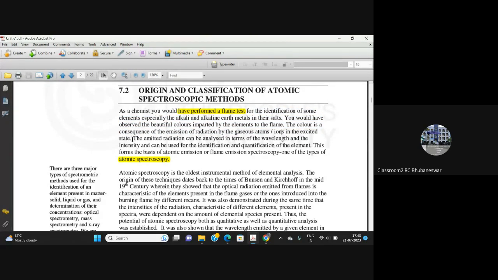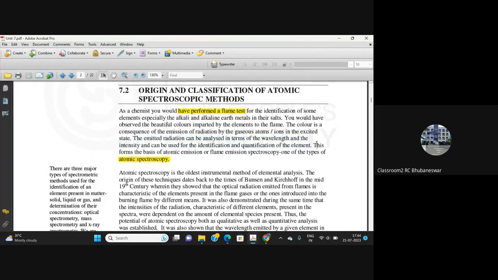The emitted radiation can be analyzed in terms of wavelength and intensity and can be used for the identification and quantification of the element. Whatever emitted radiation is coming out, its wavelength and its intensity can be used for the identification and quantification of the element.